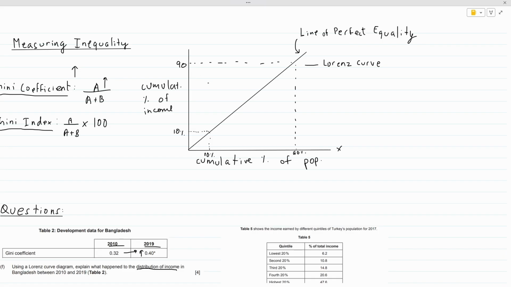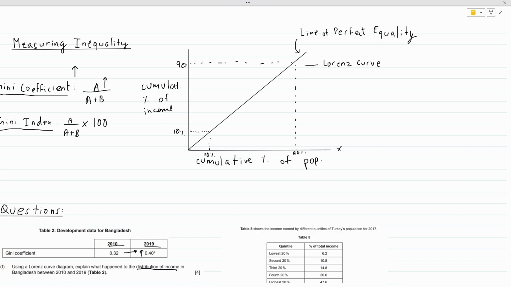Now, obviously, this is a very, very ideal situation and it does not exist in real life. Realistically, the bottom 10% will probably be earning a little less than 10%, and the higher income earners will most likely have a larger share.